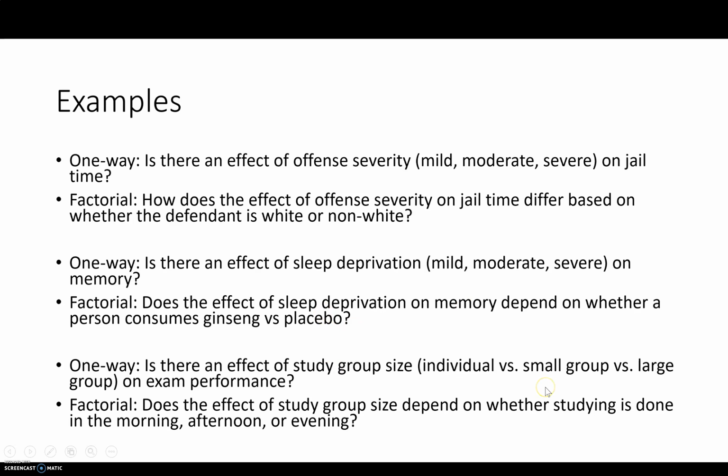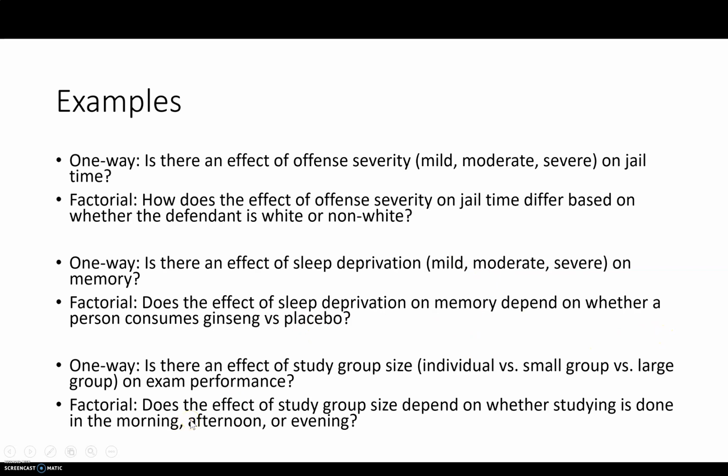And then just this other one, to illustrate that you can have more than just two levels to that other independent variable. One independent variable would be the effect of study group size: individual versus small group versus large group. You could examine with a one-way ANOVA, does that have an effect on exam performance? Are you going to see differences in average scores between these three groups?